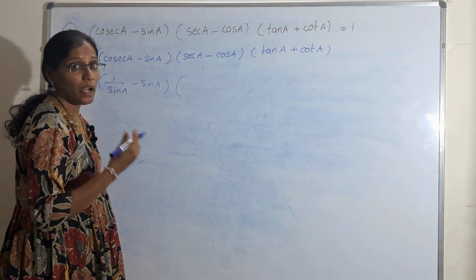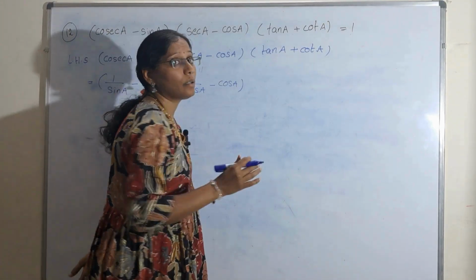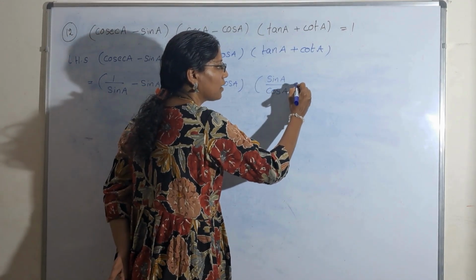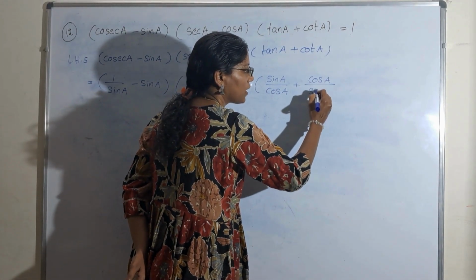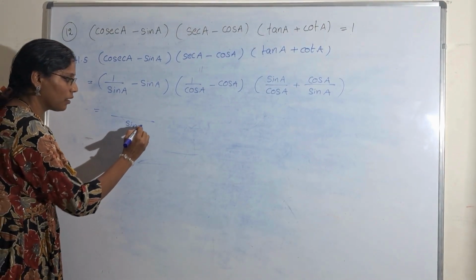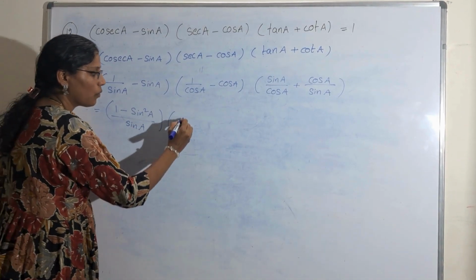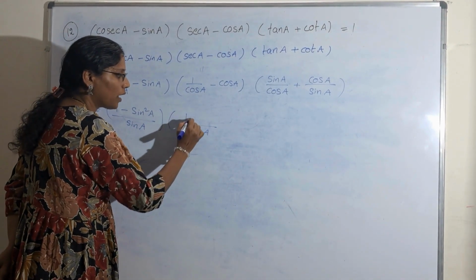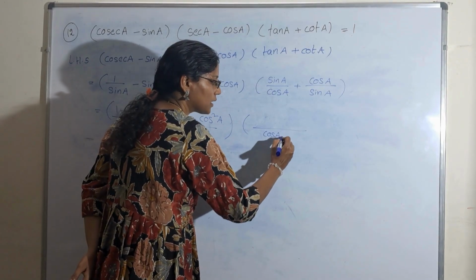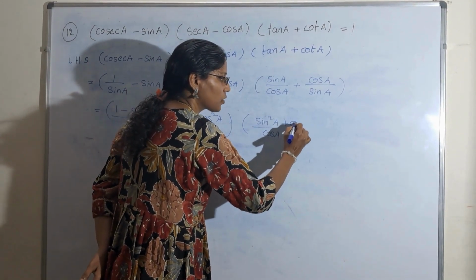Here sec A we have to write in terms of cos: 1 by cos A minus cos A. Tan in terms of sin and cos: sin A by cos A plus cos A by sin A. Here in the first bracket the LCM is sin A: 1 minus sin square A. Next, here the LCM is cos A: 1 minus cos square A. Next bracket, the LCM is cos A into sin A. Cross multiplication: sin square A plus cos square A.